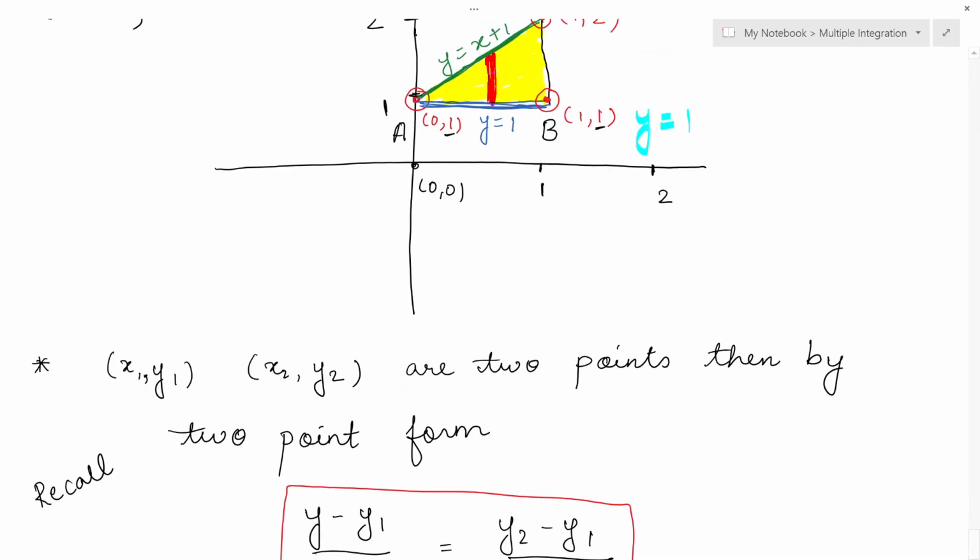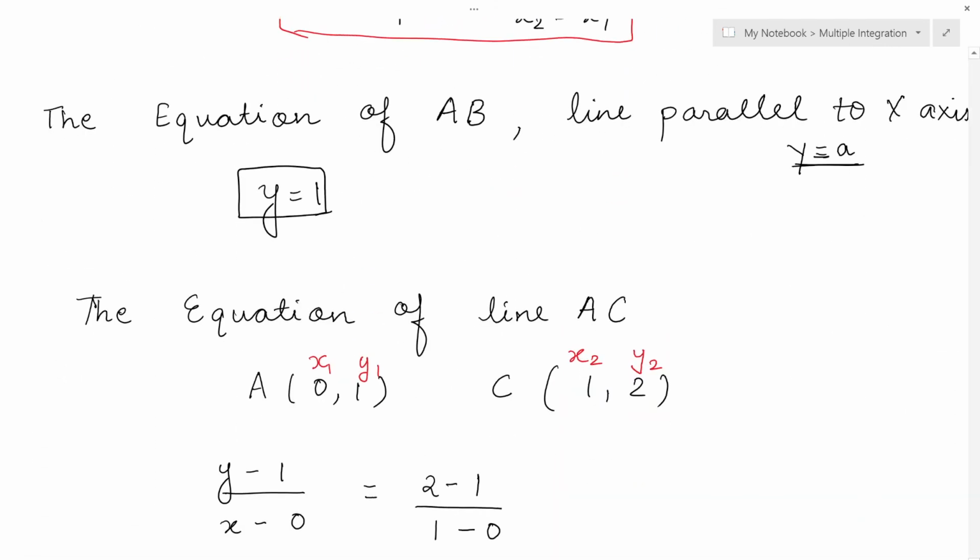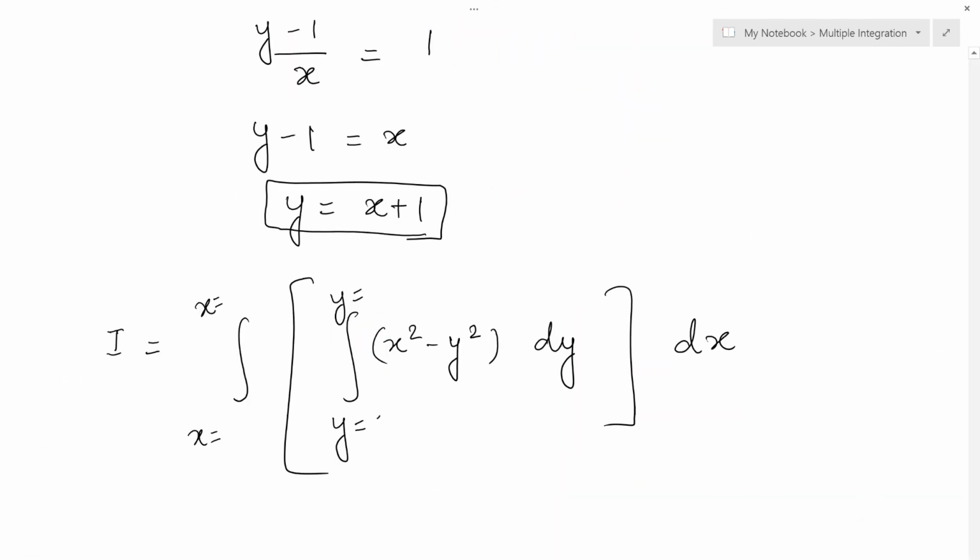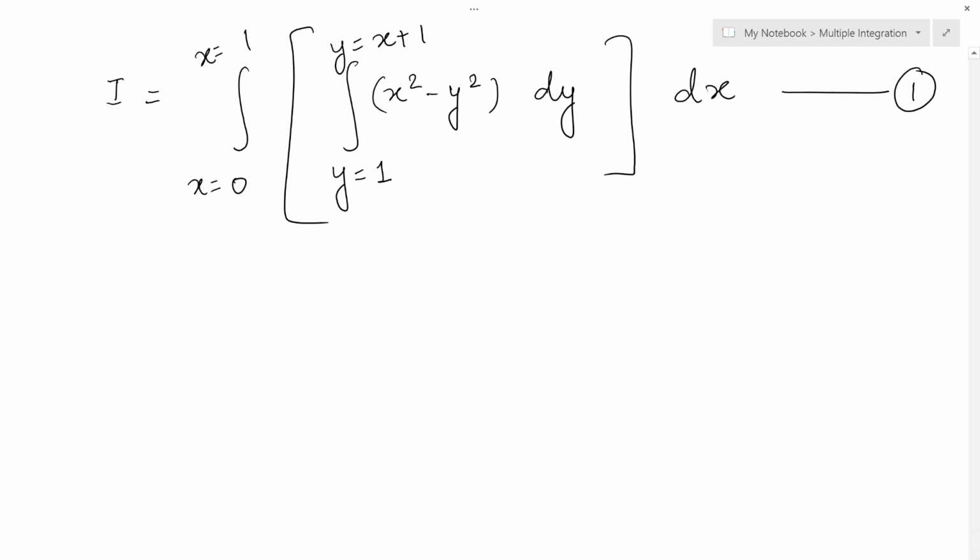Let me look in the figure. Lower end is 1 and upper end is x plus 1. And for the outer limits, it is clear, it is 0, 1. So we will solve this integration as we did in the earlier sums, and then we will get the answer of the final integration after we substitute in equation number 1.